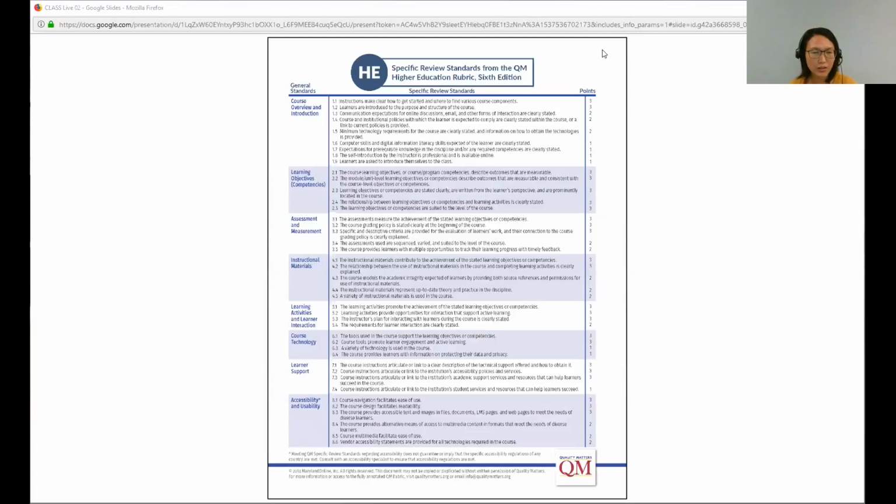The fourth, instructional materials. The fifth standard is having learning activities or interactive opportunities. I think I'm on the sixth now, which is course technology, making clear what the technologies and the technology expectations are. The second to the last is to have learner support. And the very last one is to make sure that a course is accessible and easy to use for students.